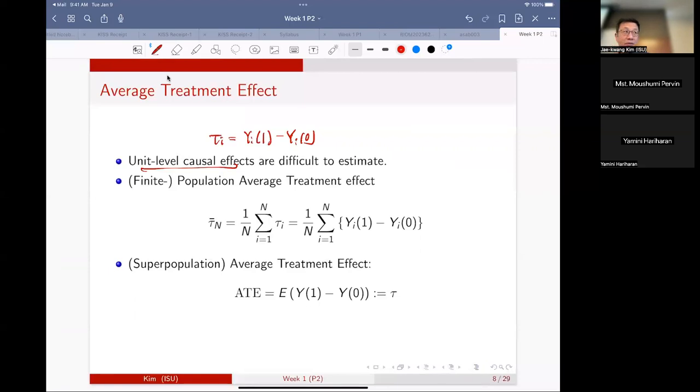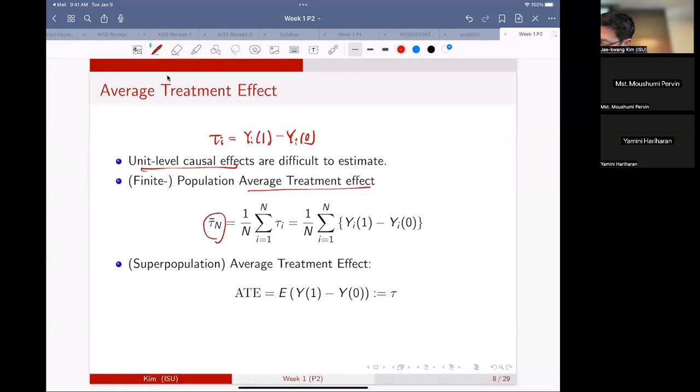But because we have two different concepts of population, one is the finite population, the other is the infinite population, which is the model. At the finite population level, we can define the finite population parameter, which is the finite population average treatment effect.